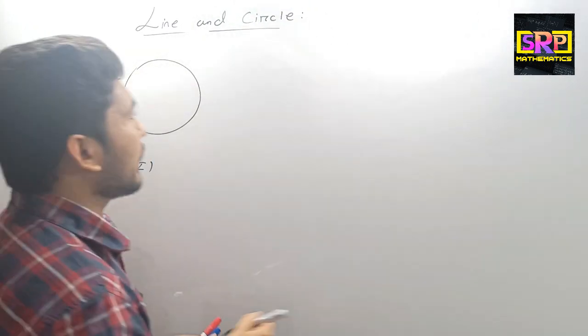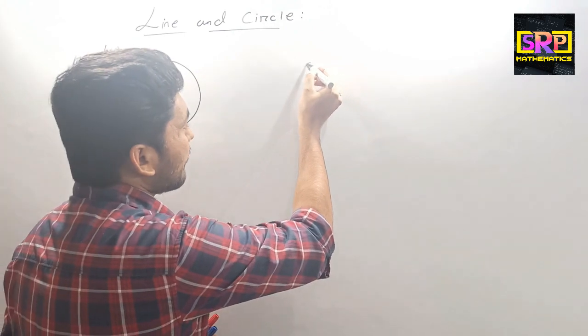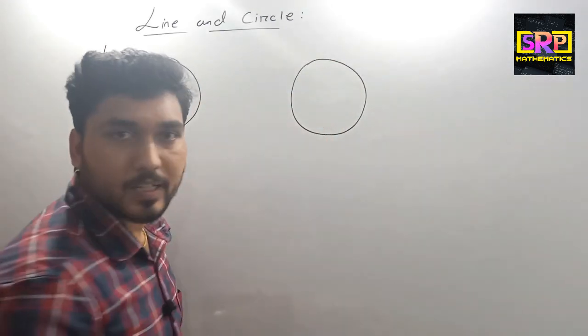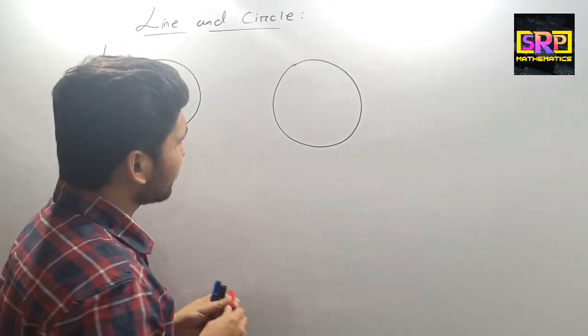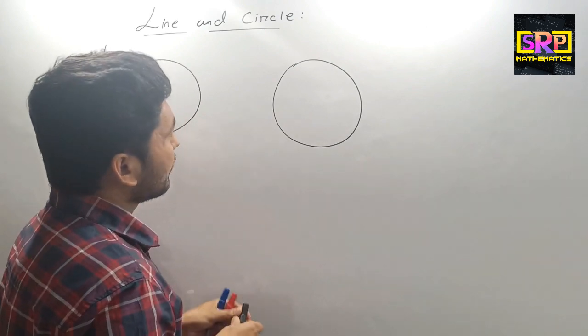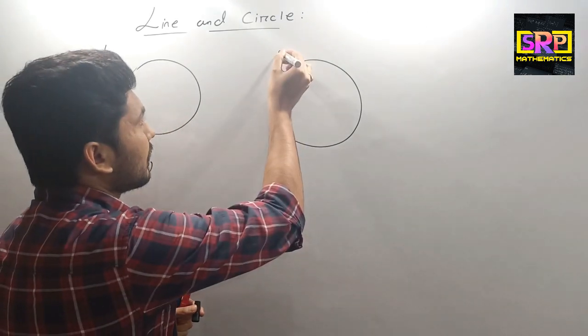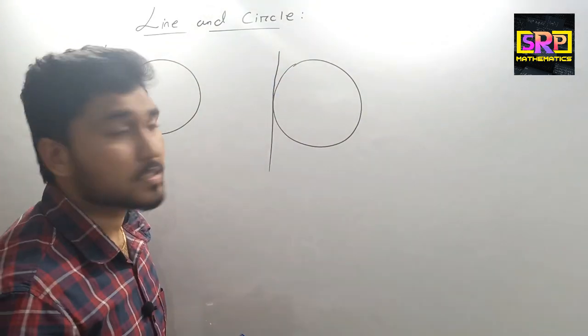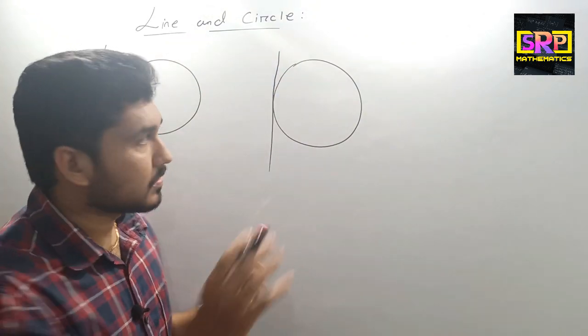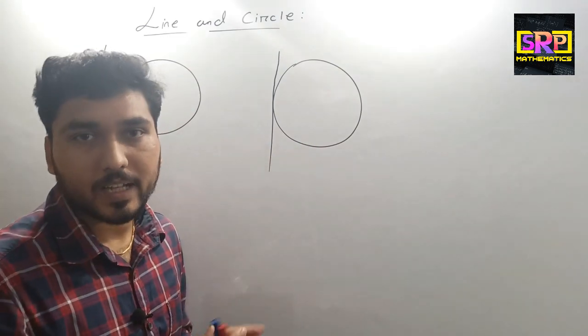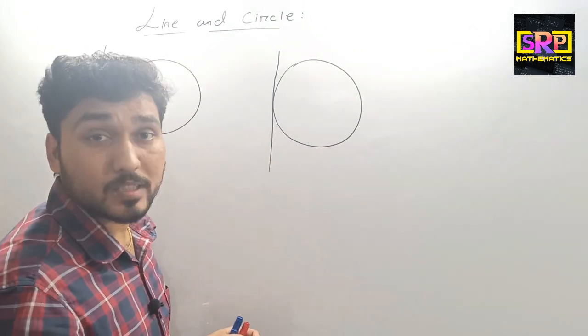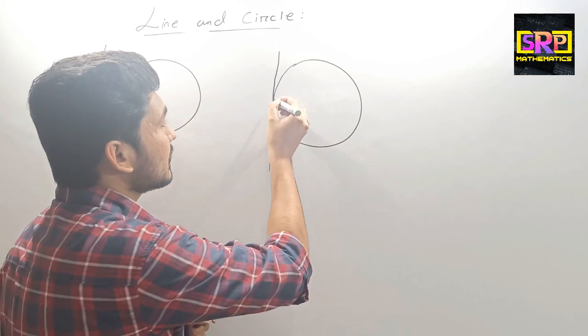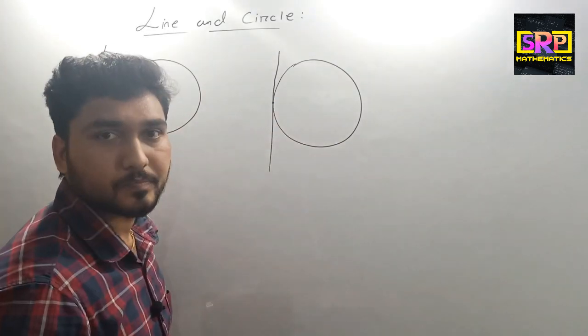Okay. But in case 2, after a few days of attending our class, friendship occurs and the line and circle touch each other. That means the girl and boy just like each other. That means the line and circle touch each other at a single point.